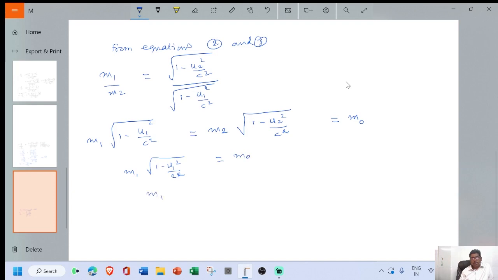From this, m1 equal to m0 divided by root of 1 minus u1 square by c square. In the same manner, we can write m2 equal to m0 divided by root of 1 minus u2 square by c square.